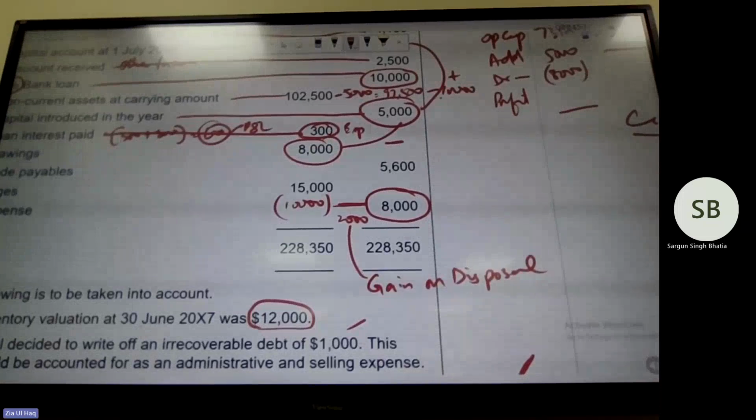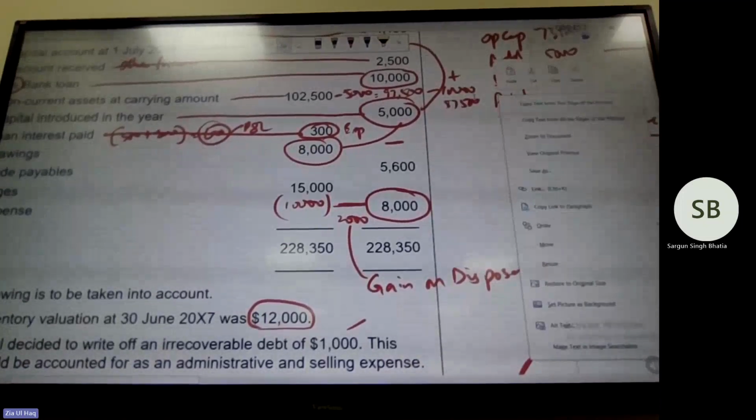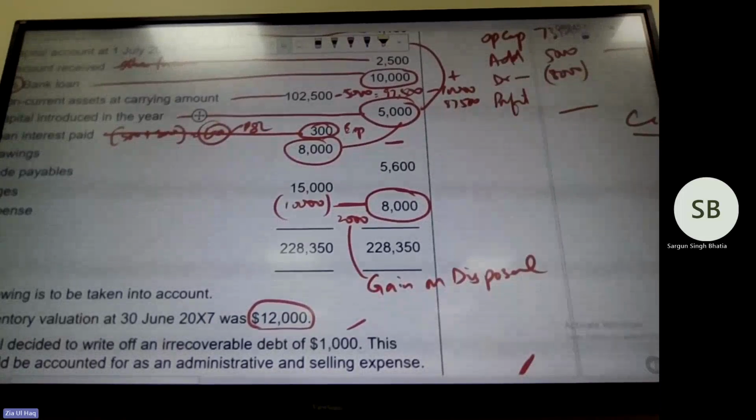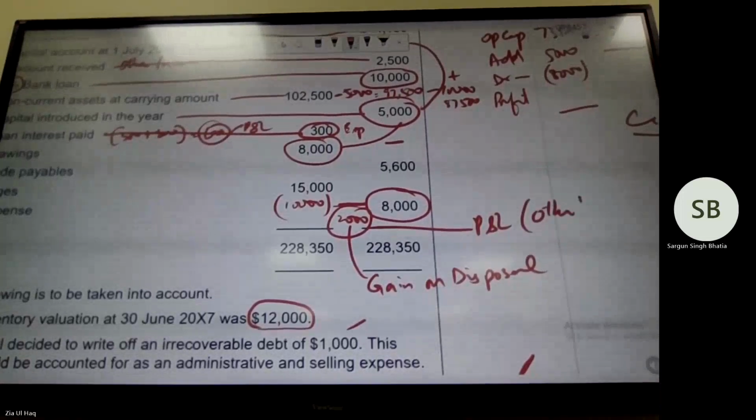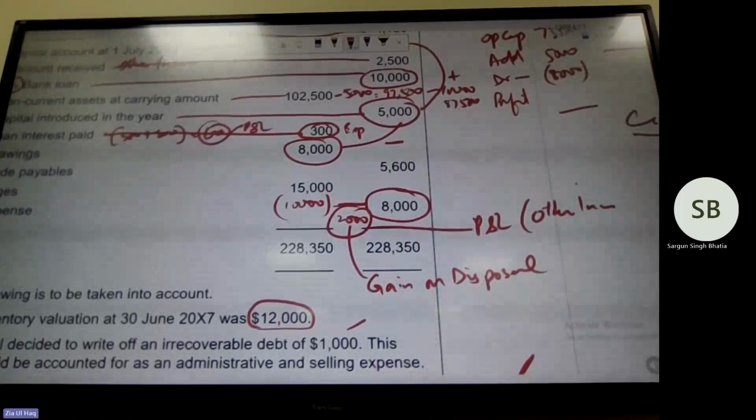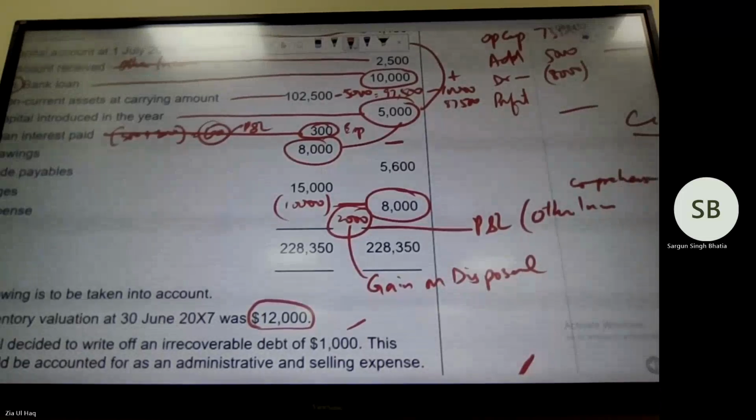While recording in the balance sheet, the asset will be 87,500. And this gain on disposal of 2,000, we need to record in profit and loss account as other income. In fact, other comprehensive income, we need to record this.